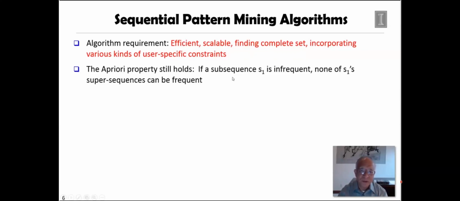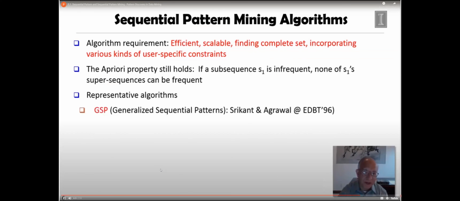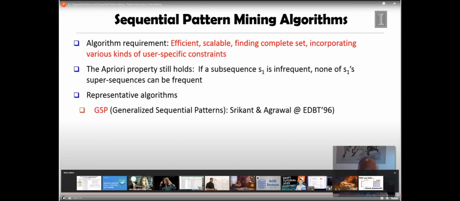For example, if a subsequence is infrequent, then any of its supersequences cannot be frequent. That's almost the same idea as Apriori. Based on this idea, we can develop lots of algorithms. I'll just stop there because he will describe more of the new algorithms for sequential pattern mining.